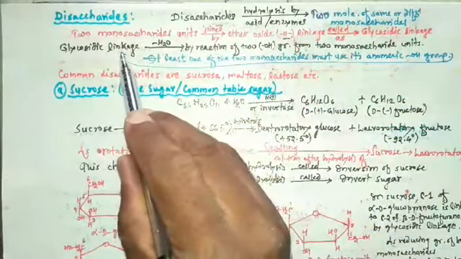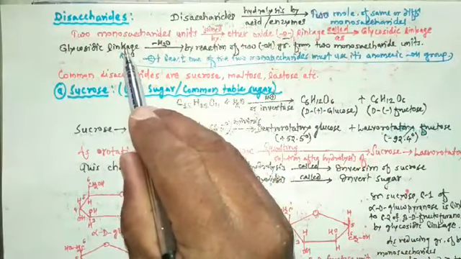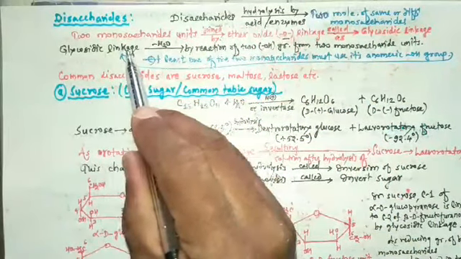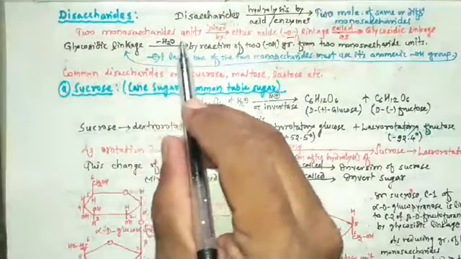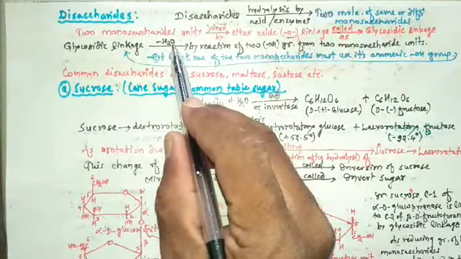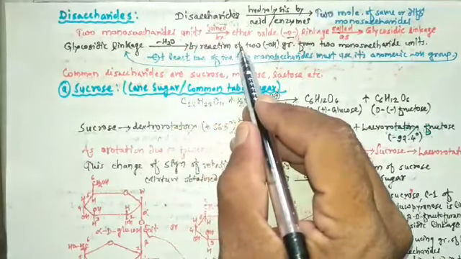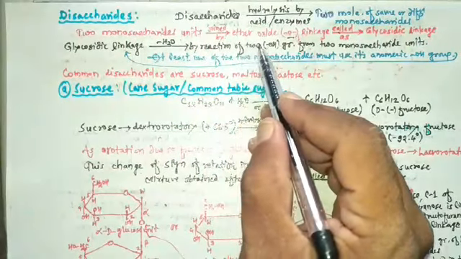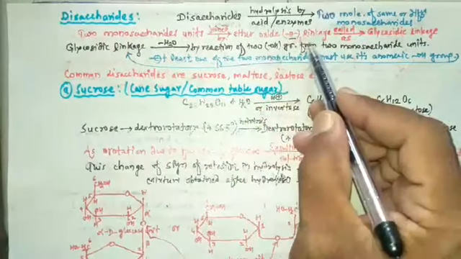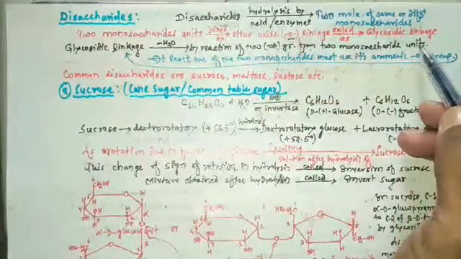So a glycosidic linkage is formed by loss of a water molecule, by reaction of two hydroxyl groups from two monosaccharide units.